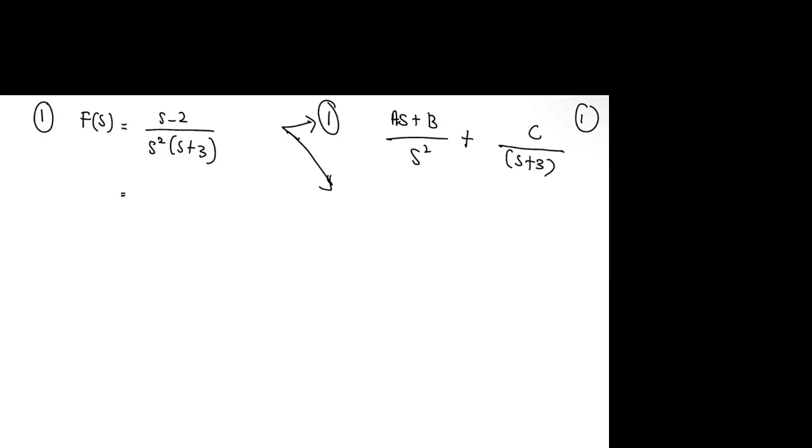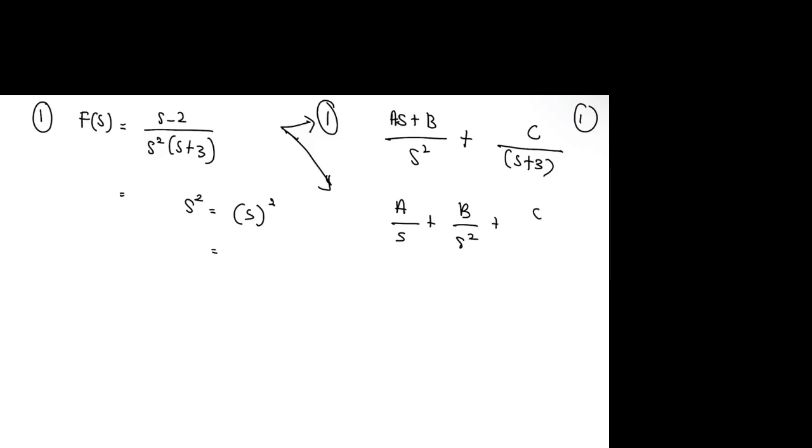Number 2, because this is actually s squared, you can rewrite this as a repeated linear function, s to the power of n, where n is 2. So you can rewrite this as a over s plus b over s squared plus c over s plus 3.